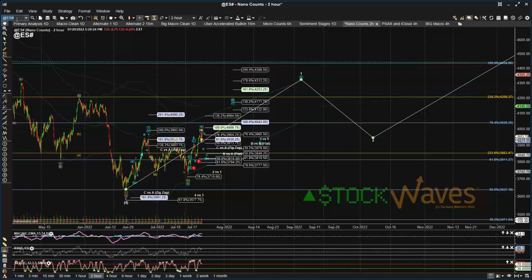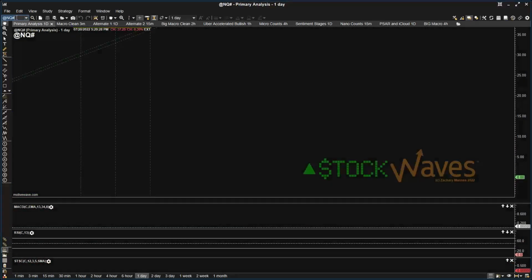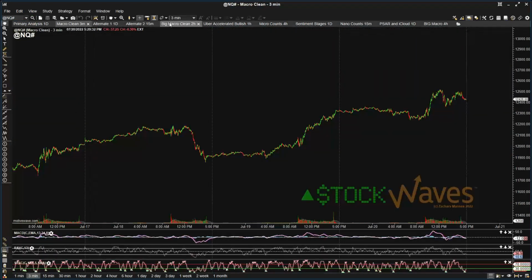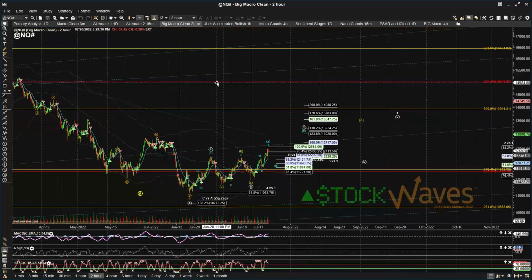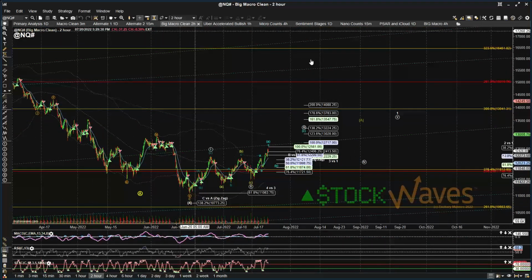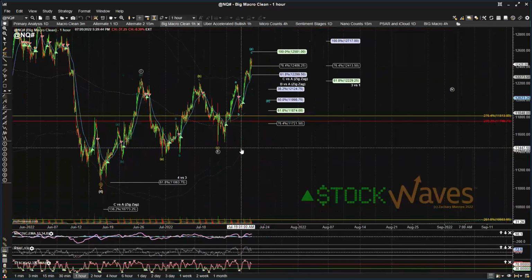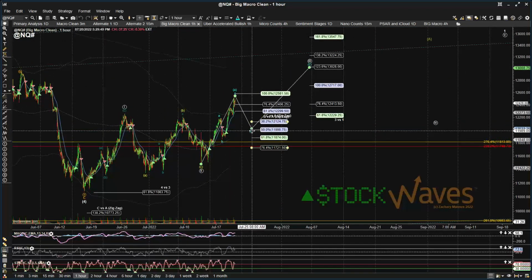All right, let's take a quick look at the NASDAQ, but really not much difference in the structure that we're counting there. My micro wave structure is actually on the macro clean tab. It just worked out that way. But looking for basically the same coming fade as this B wave.